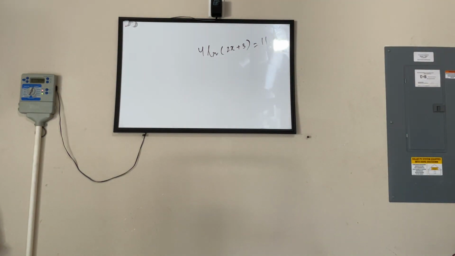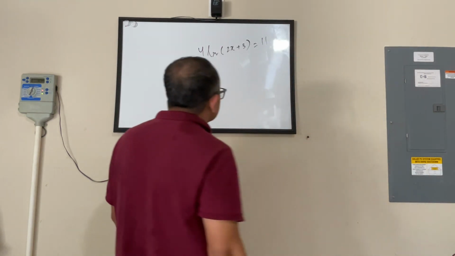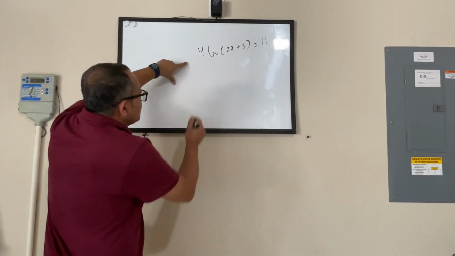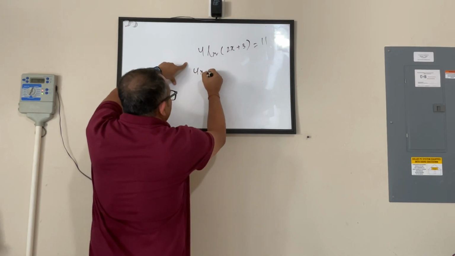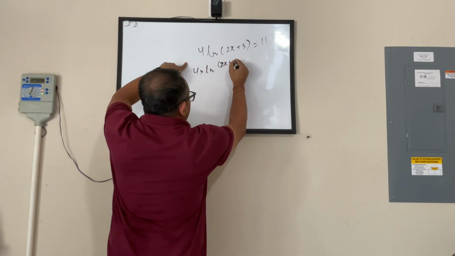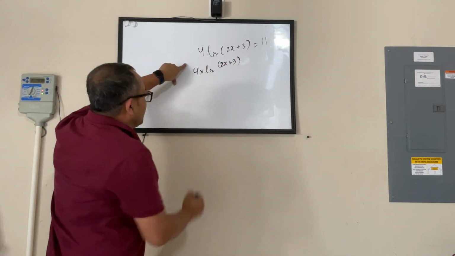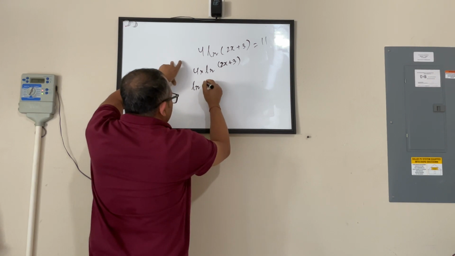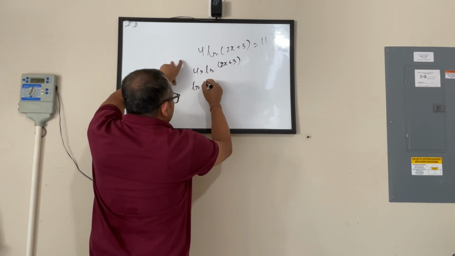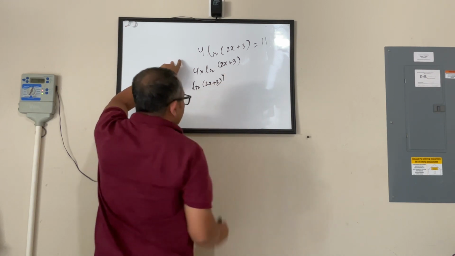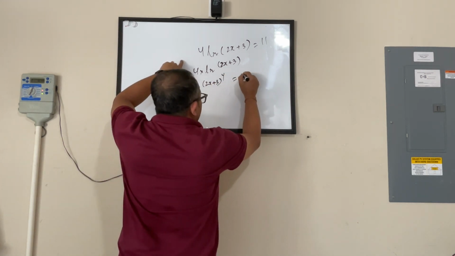Now what does it mean? 4 of log 2x plus 3. We can always say natural log of 2x plus 3 to the power 4 equals 11.